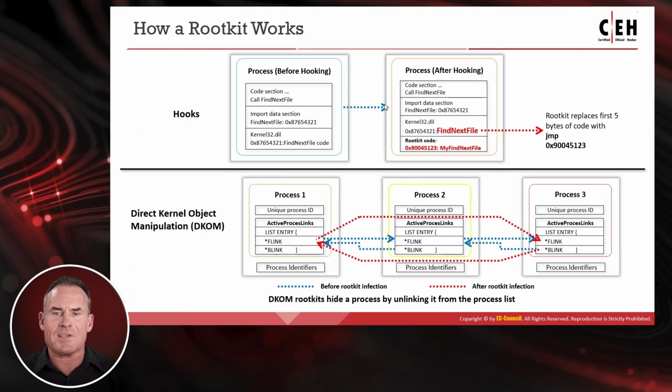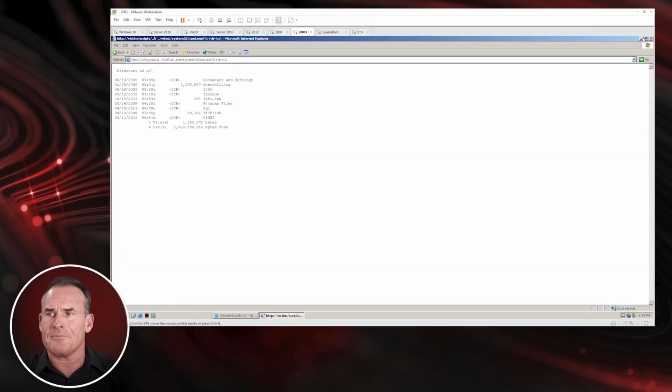So just to show you an example, I'm going to walk you through a direct kernel object manipulation using a 2003 rootkit called foo. DKOM directly manipulates kernel objects. In this case, the process table or task manager view can be directly edited to remove a suspicious process from view. So here's an example of that.